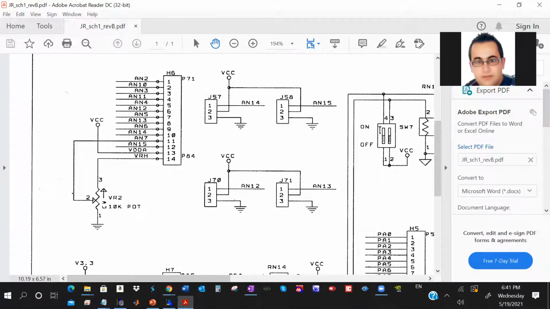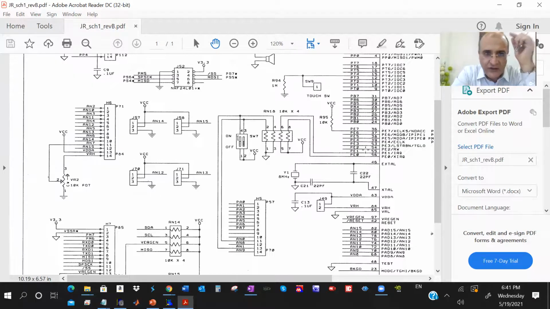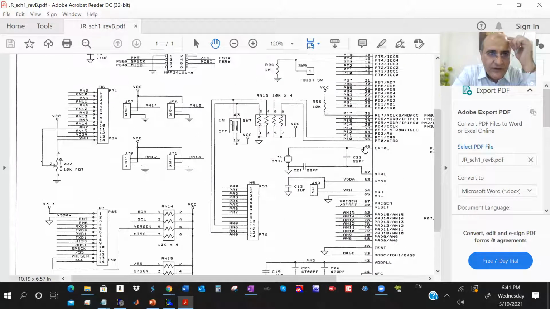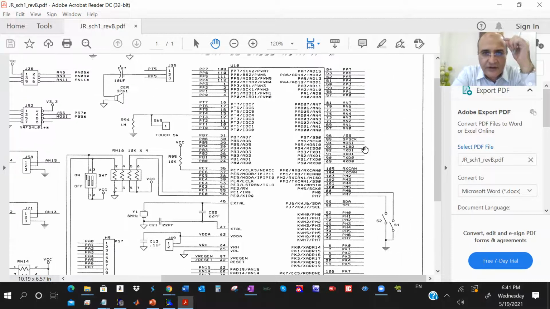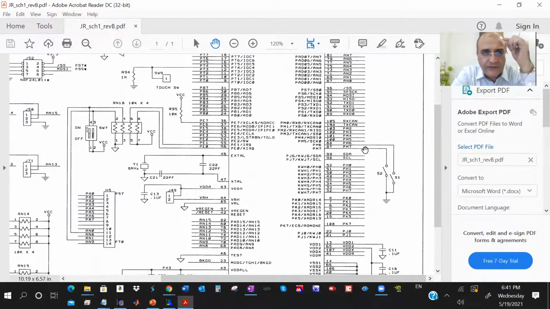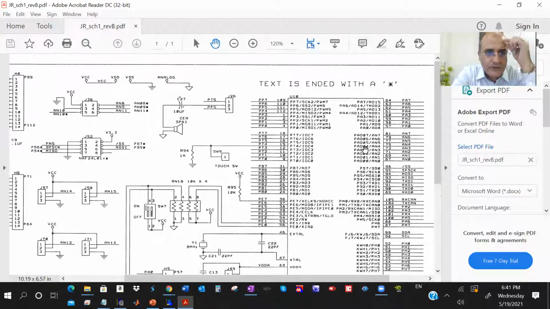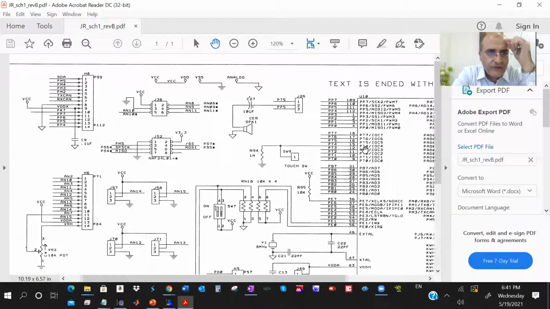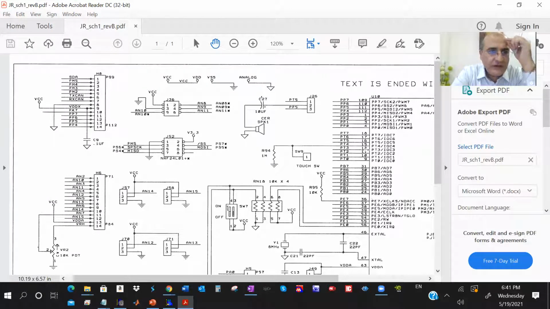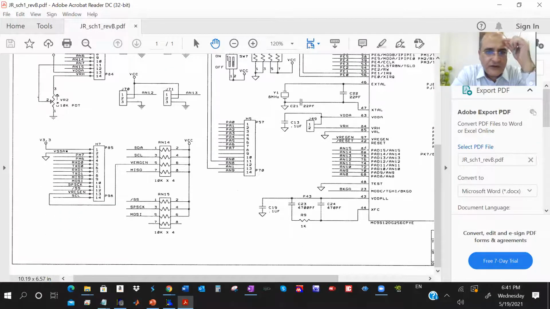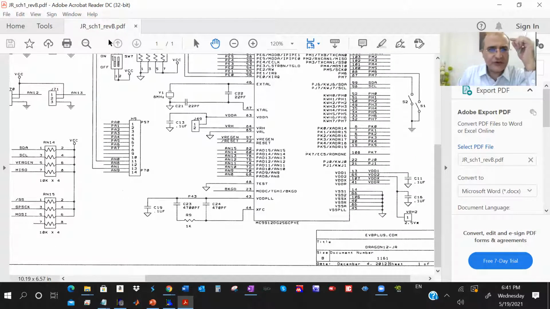It's here, but maybe the details are in another page. It's again, Mustafa, another voltage divider.